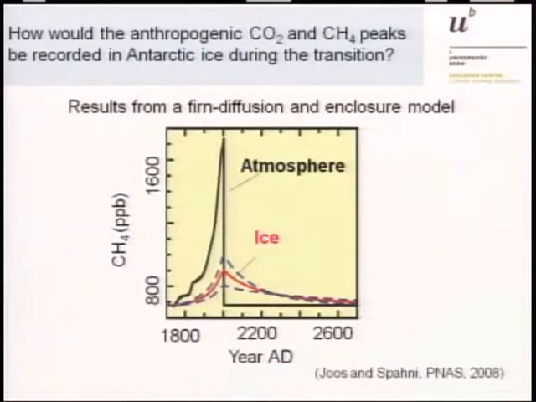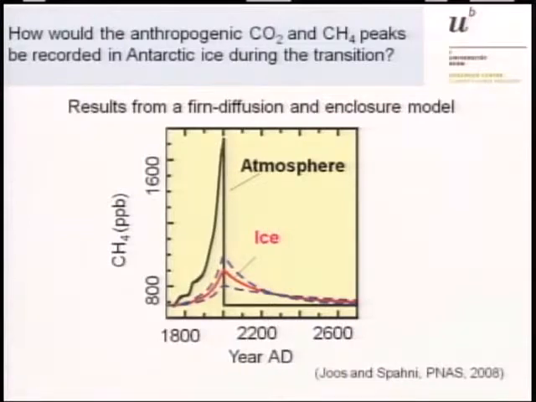So we are looking here at the results from a Bern diffusion and enclosure model where, in this case, methane, I know Jerome likes this gas very much. You can see here the rise from 700 ppb up to 1800 ppb as indicated by the black line. That's the direct atmospheric signal.